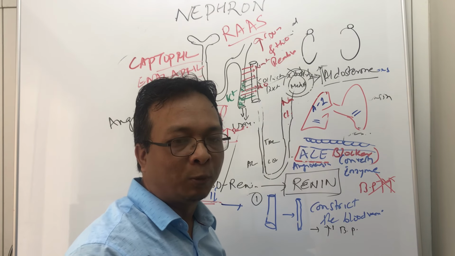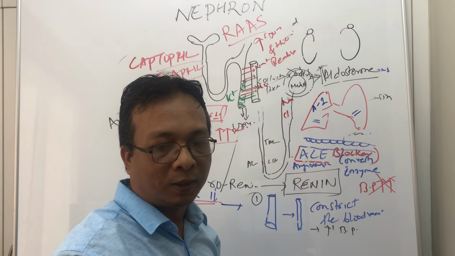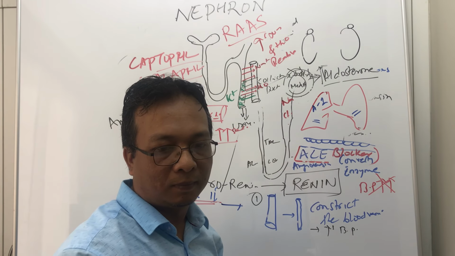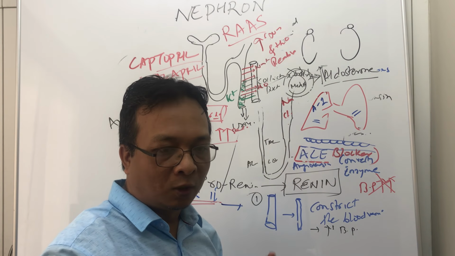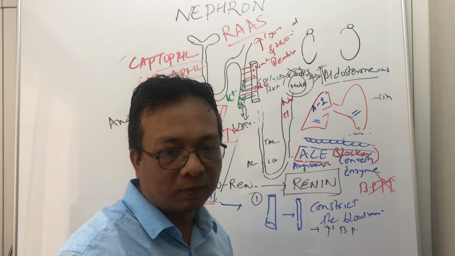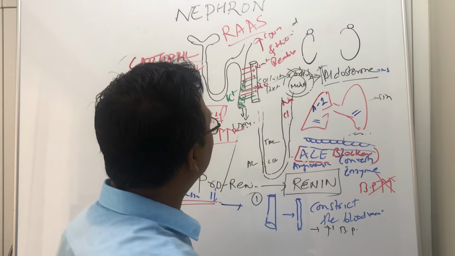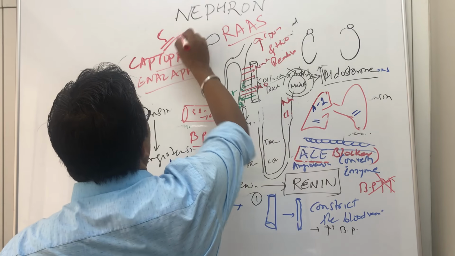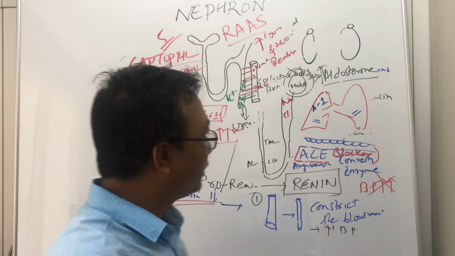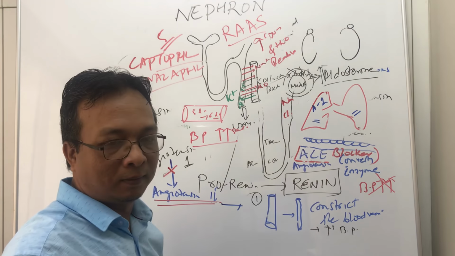Can you tell me what will happen to the potassium level in the blood? Will it increase or decrease? Normal blood potassium is 5.